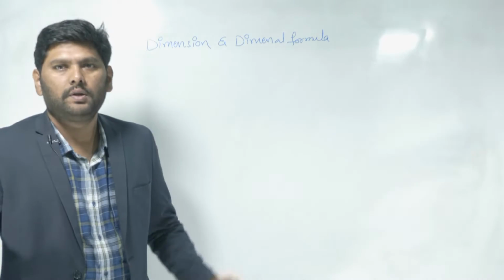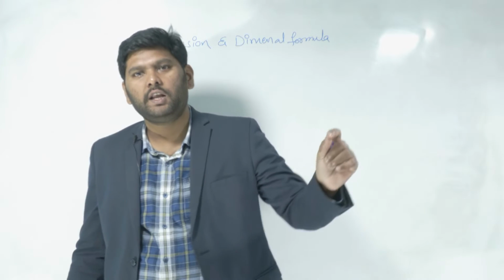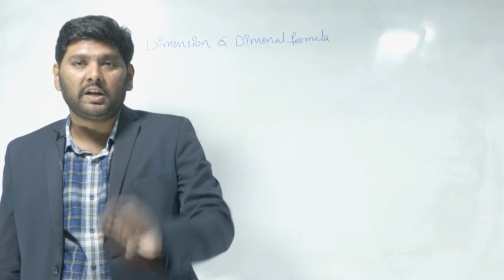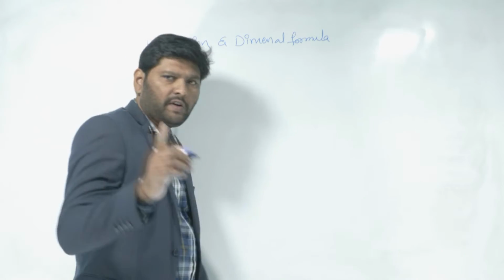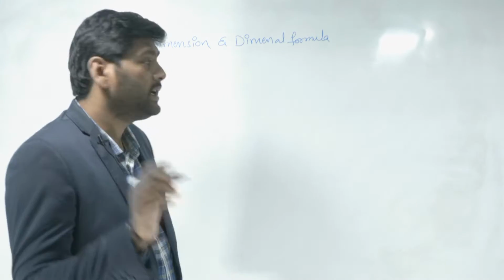Before explaining dimensions and dimensional formula, I'll recall one concept, that is fundamental quantities. Tell me, what are the fundamental quantities? You know the fundamental quantities are 7 or 8? Yes, 7 only, correct.